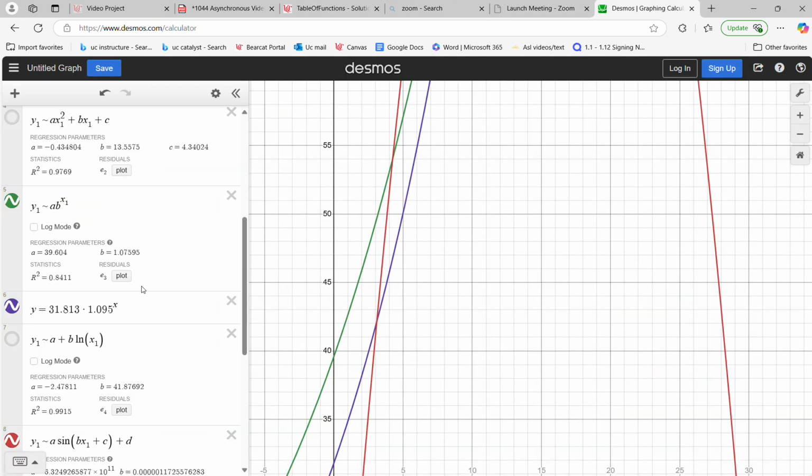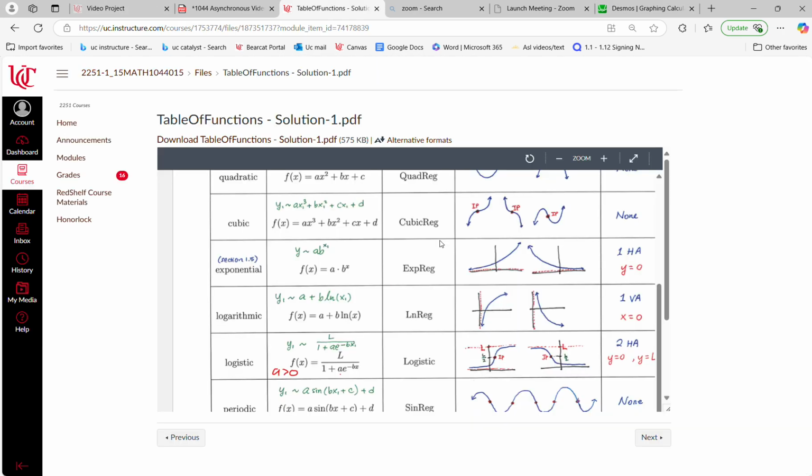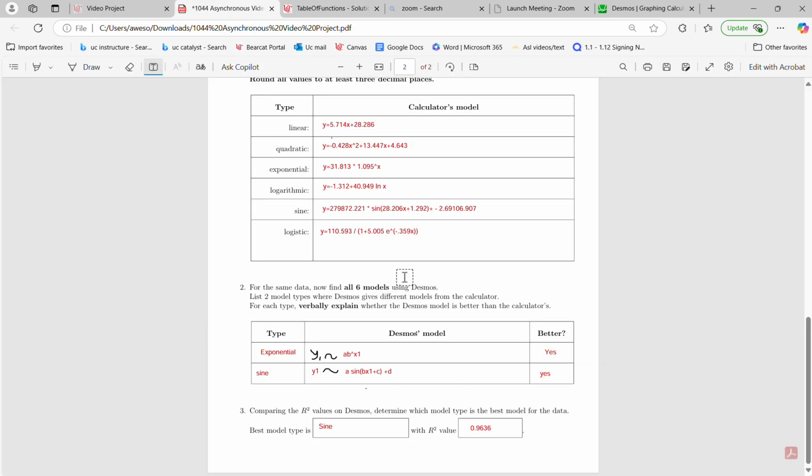So therefore, the Desmos calculator was more accurate while creating these numbers.